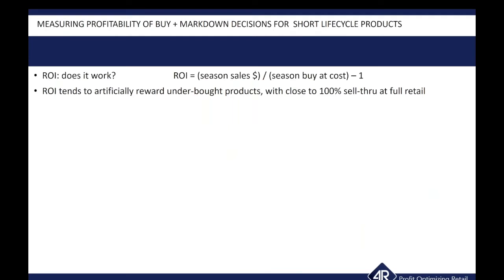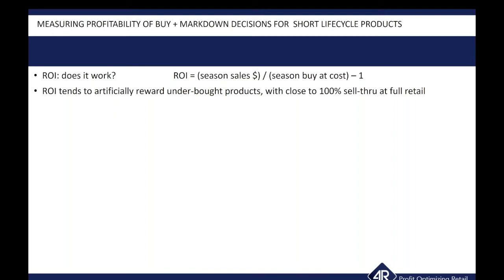So once we have this concept under our belt, let's go back and look at different metrics of performance. Let's start with ROI, return on investment. Basically, it's the net profit over the cost, not just the cost of goods sold, but the cost of the buy. The difference is that any inventory overhang or unsold inventory must be factored in, because it's money that the retailer wrote a check for.